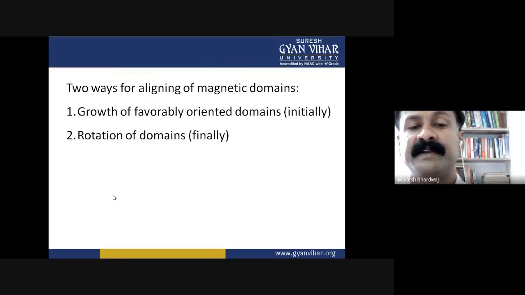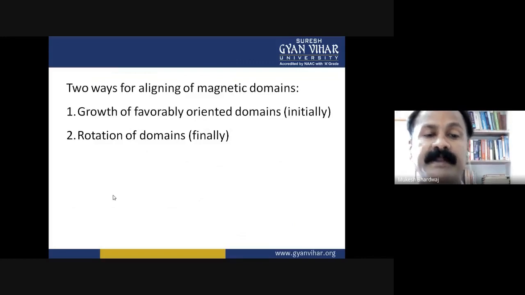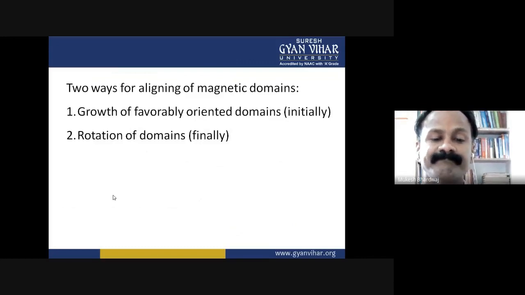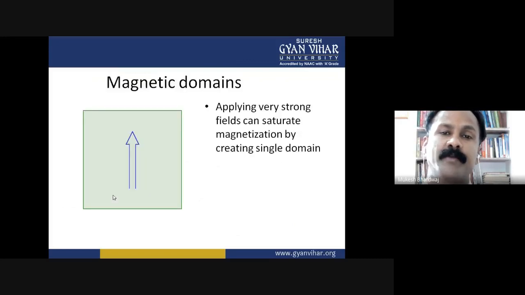When the reflected light is viewed through a microscope, it can be arranged that one domain will appear light and the neighboring dark. Now, next, applying very strong fields can saturate magnetization by creating a single domain.